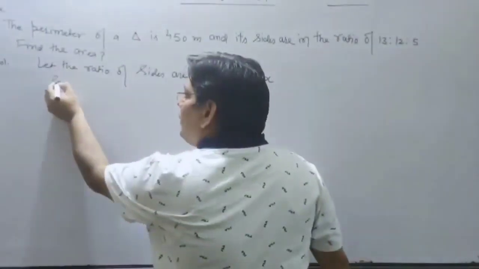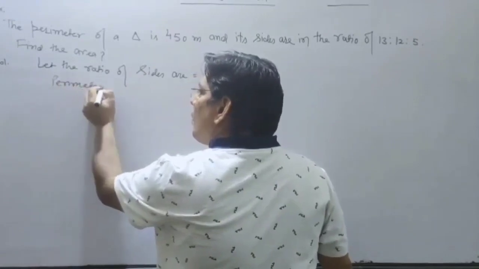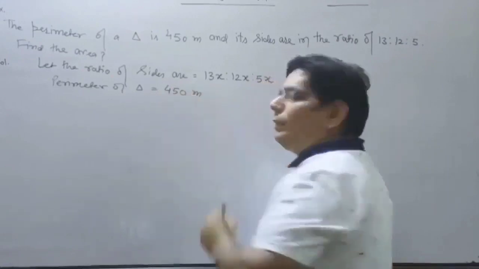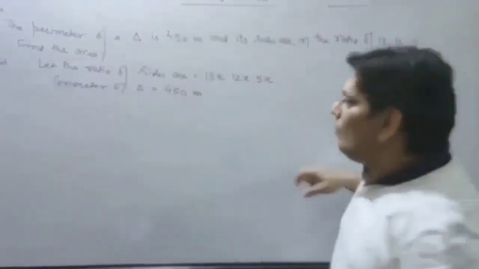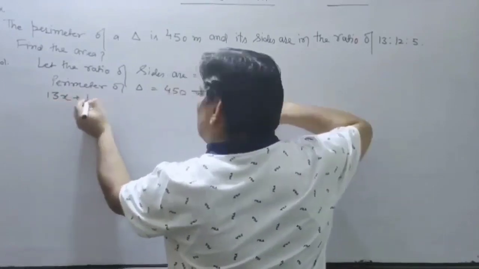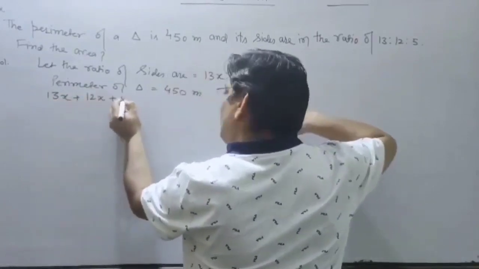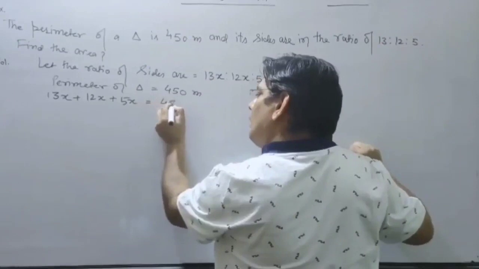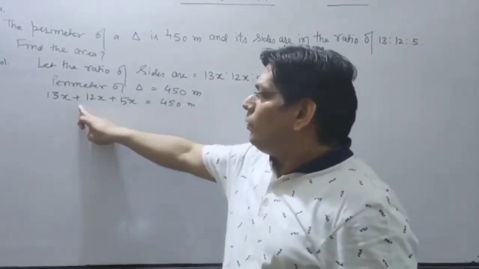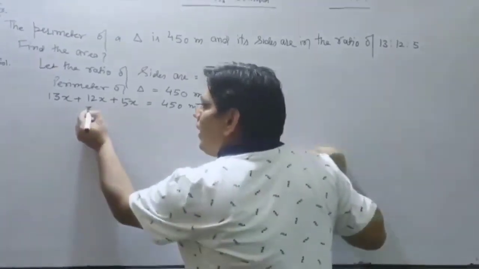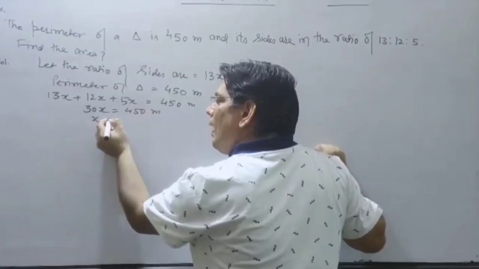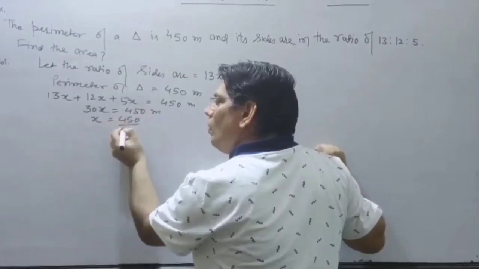Then perimeter of triangle equals 450 meter. You know perimeter means sum of sides, so we just add all 3 sides: 13x plus 12x plus 5x equals 450 meter. 13 plus 12 is 25, and 5 makes 30x equals 450 meter, so x equals 450 upon 30.